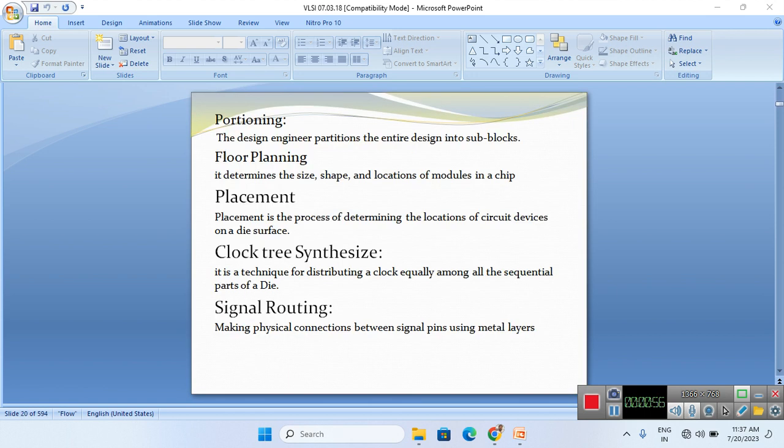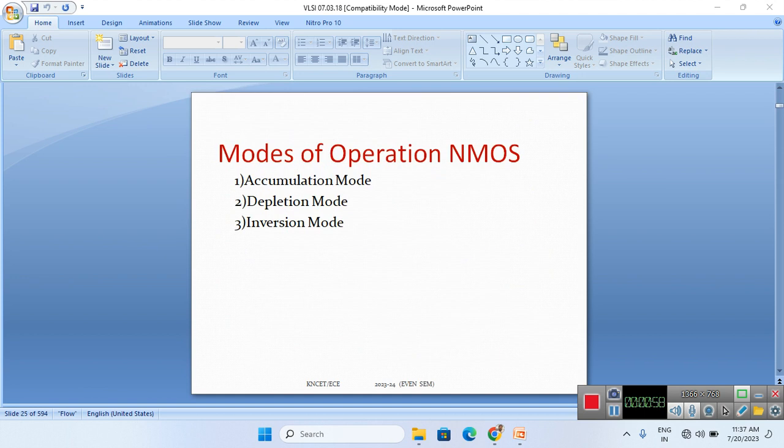Specifically, in today's topic, we are going to discuss the modes of operation for NMOS. Generally the MOSFET is classified into two types: one is NMOS and the other is PMOS. In VLSI, we mostly concentrate on the NMOS only.